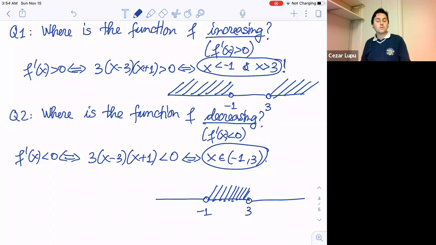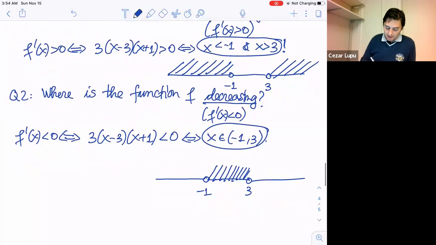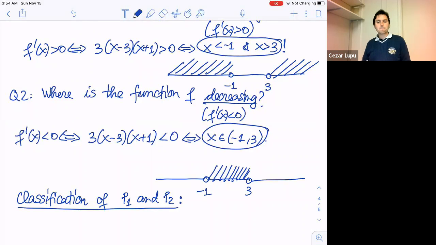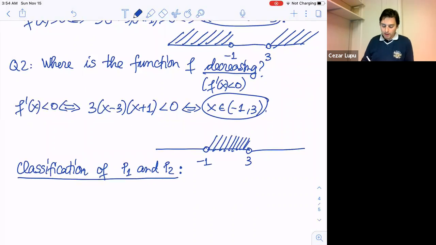And now we would like to classify these 2 points. So let's see. So classification of P1 and P2. So how do we classify them?